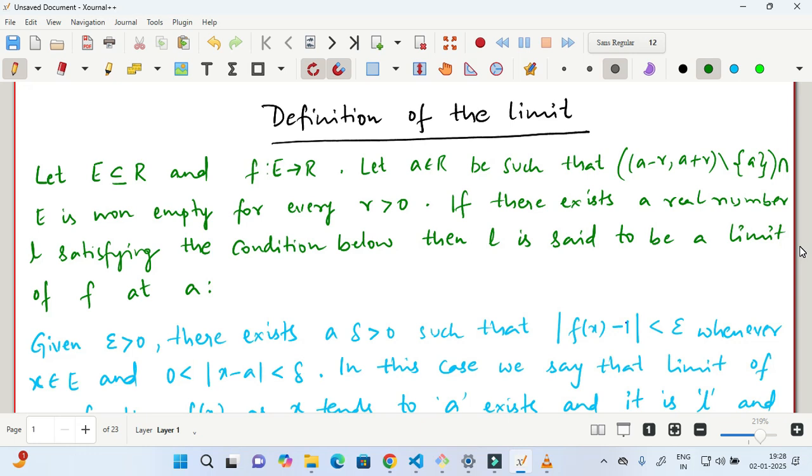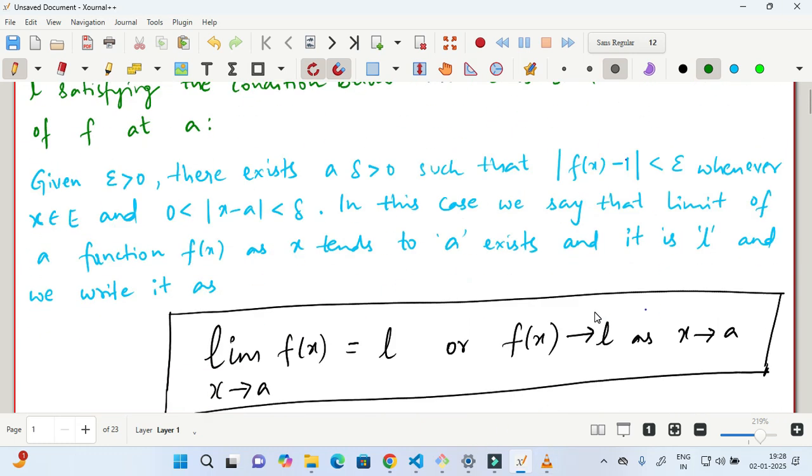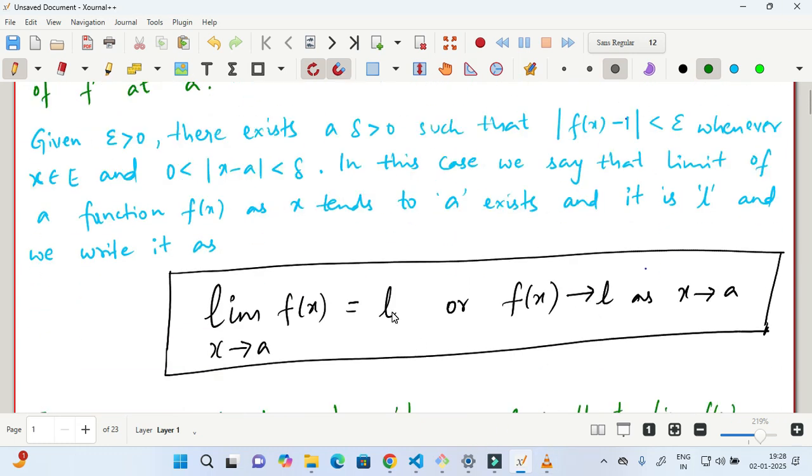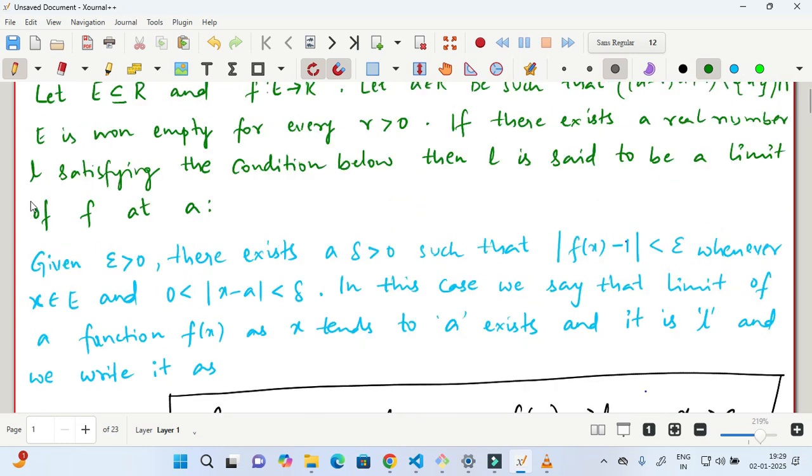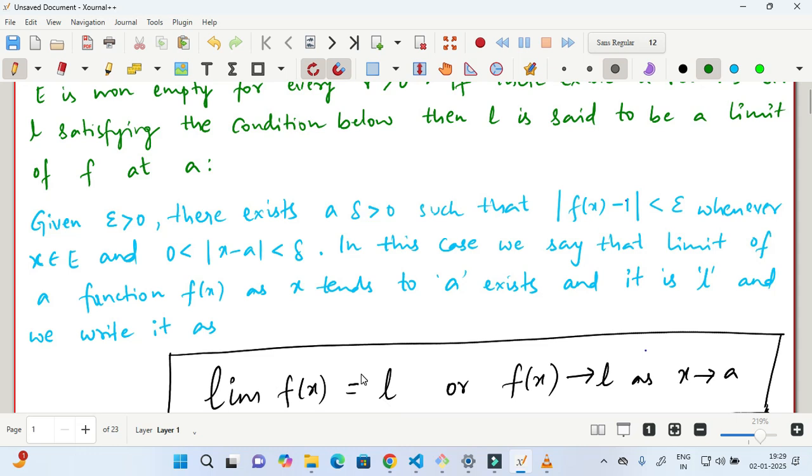Again he's explaining that if there exists a real number L satisfying the condition below, then L is said to be the limit of f at a. Here he is telling that if there exists a real number L satisfying the condition below, then L is said to be the limit of f.